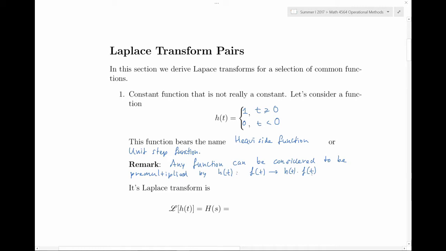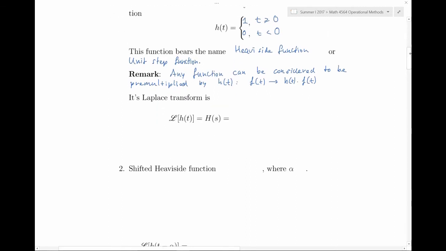And this is done to emphasize that all of the functions before t equals 0 should be 0. If the original function f of t, say an exponential function or cosine function, is non-zero for negative t, then this product will force it to be 0. And this assumption is very important when we start considering shift theorems, and you will see that this function h of t pops out of nowhere. Well, it's not out of nowhere, it's because we actually consider every function to be this kind of product.